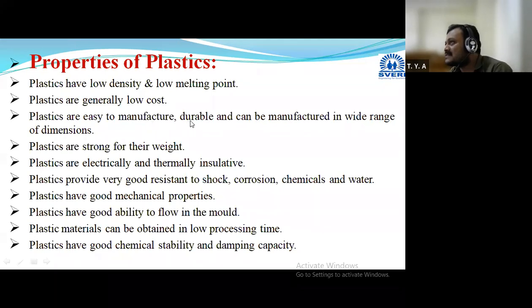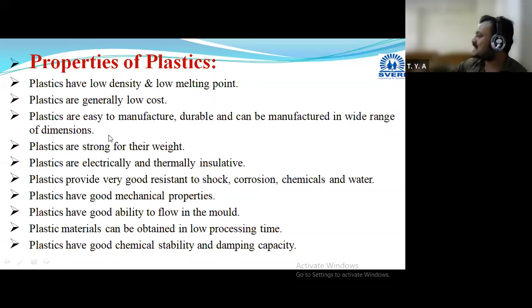Then plastic components have a very long life. They are very durable, and we can manufacture these plastic components in a variety of dimensions.